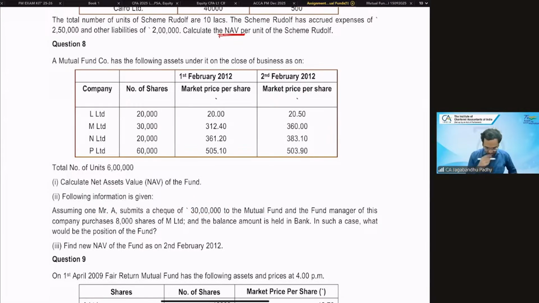Against that, we are going to buy 8,000 shares, and the units will be allotted to him based on the 1st February NAV. So first we need to get the NAV as on 1st February. Calculate the NAV as on 1st February, guys.